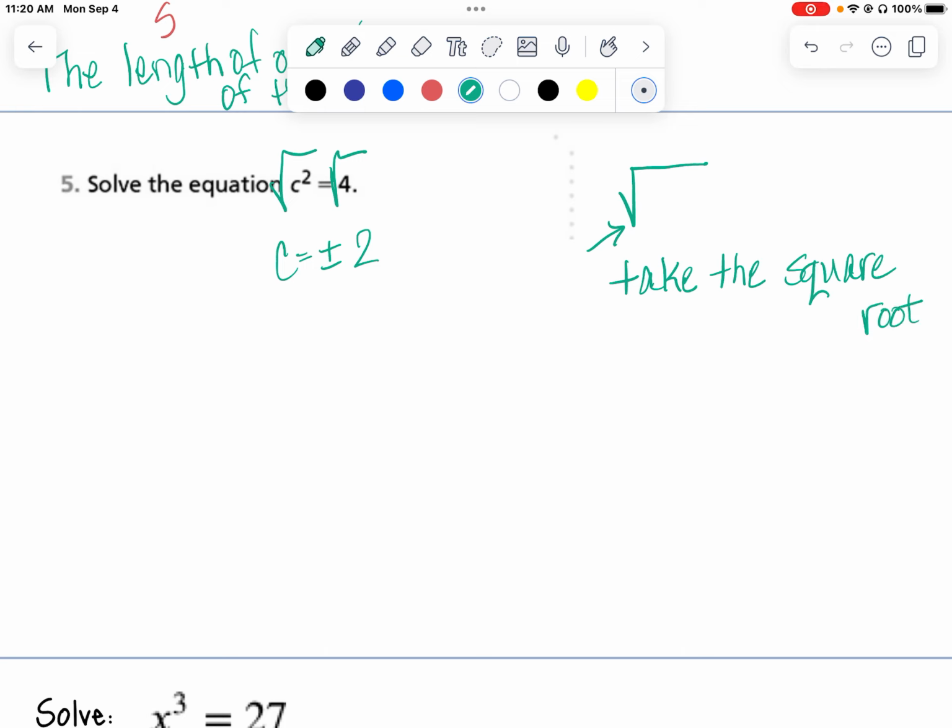People refer to it, when they're just talking about it, reading a number, as a radical. That's how we refer to it, not the square root symbol. It's called a radical.